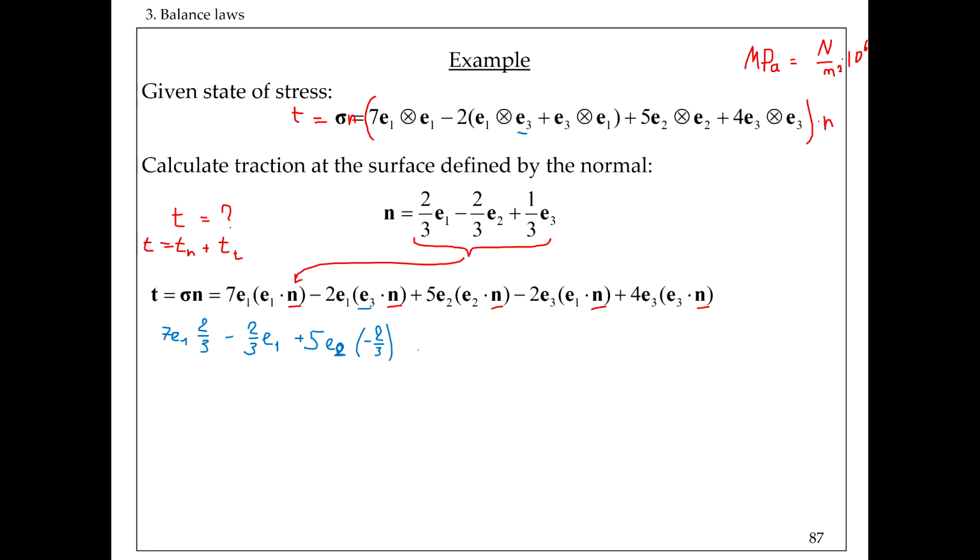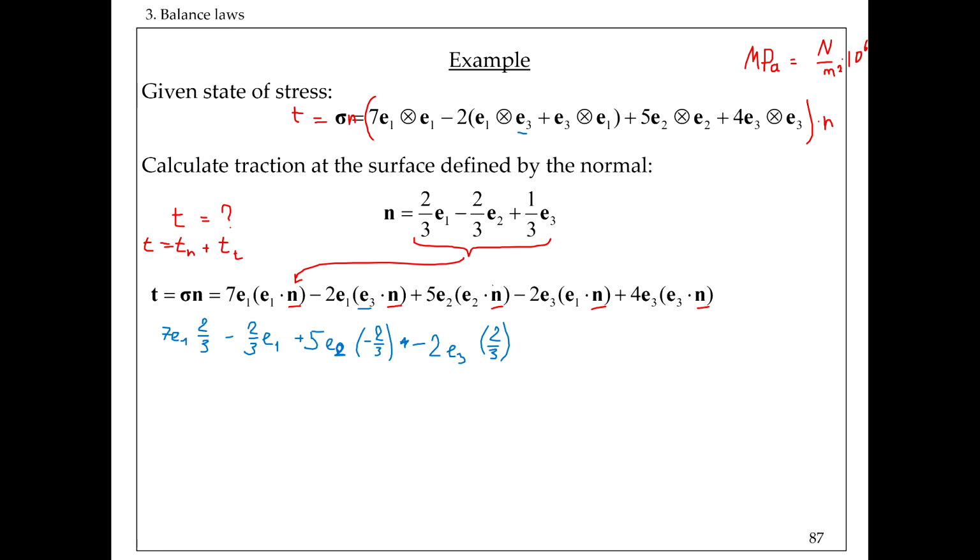Then we continue with minus 2e3, and we need to multiply e1 with n again, but we already had that here, so we have 2/3 again as a result of multiplying e1 with n.